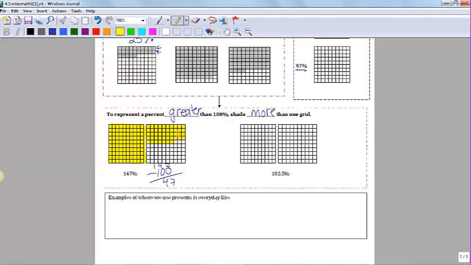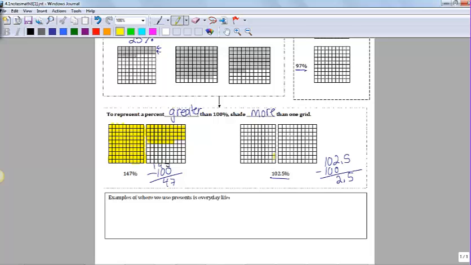Now, in certain cases, like the next one here, we get fractions of a percent or part of a percent. So here's 102.5. Now, to start, it's similar to the one you just did. If we color in a complete grid, that will be 100. And we've got 2.5 squares left to go.